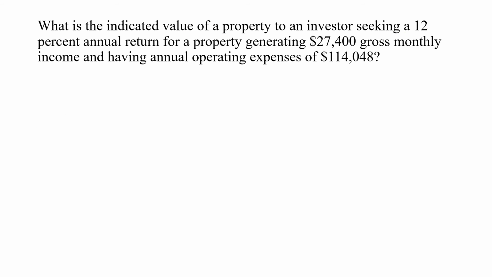What is the indicated value of a property to an investor seeking a 12% annual return for a property generating $27,400 gross monthly income and annual operating expenses of $114,048? So we have monthly here and we have annual here. So let's convert everything to the same language. Since this is annual, we want everything annual.